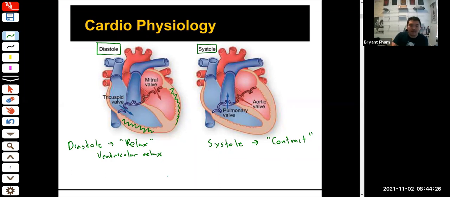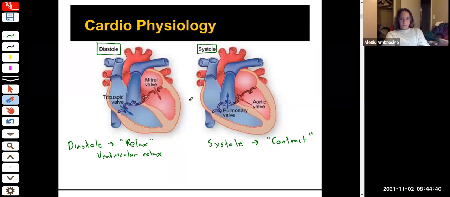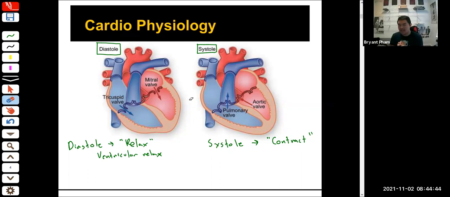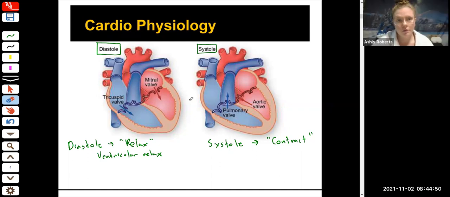In the medical field, if someone says patient's heart is in diastole, you instantly know what structures are relaxing. Ventricles, right? What structures are contracting? The atria.